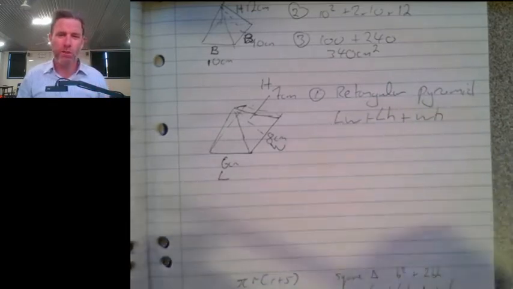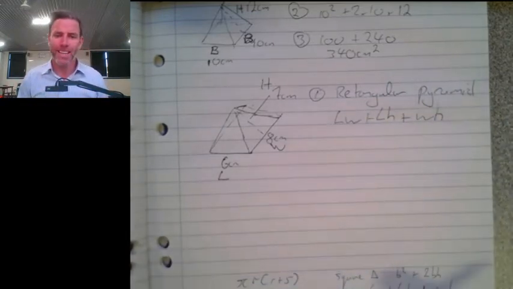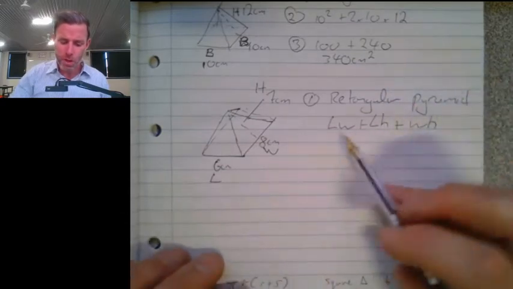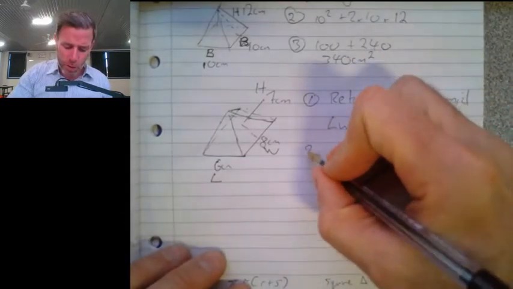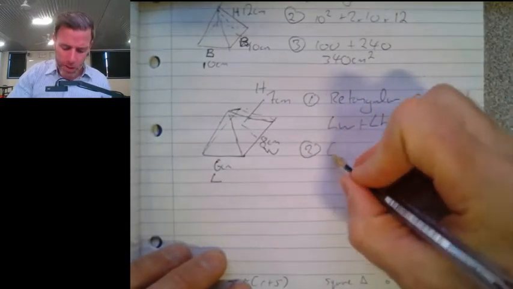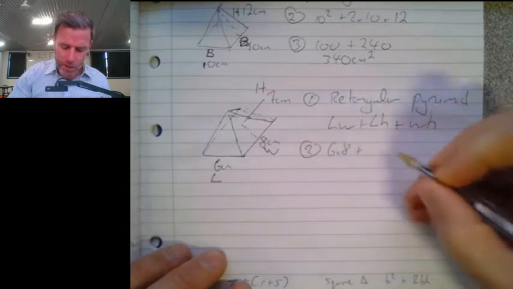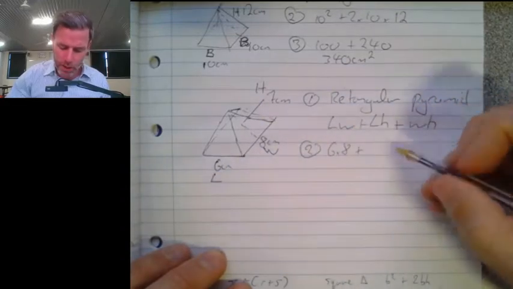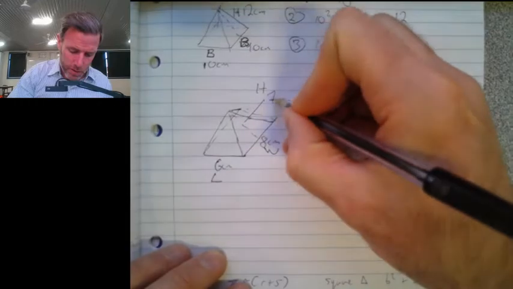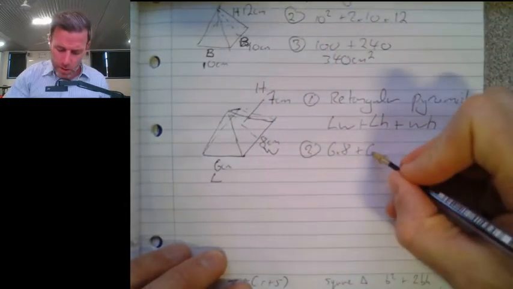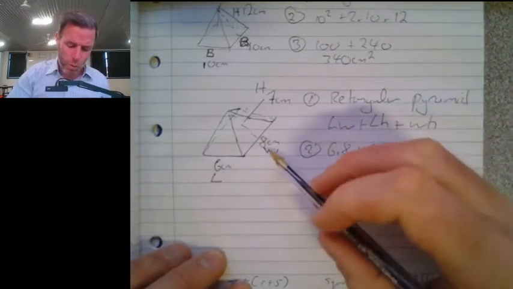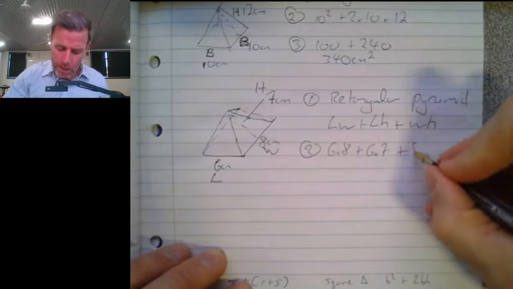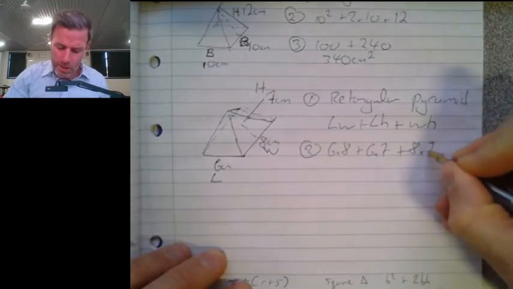If you don't really understand that right now, don't worry, it will be explained in class also. So the second step we do is we always substitute. So it's going to be 6 times 8 plus length times height, here is 7, so plus width times height, 8 times 7.